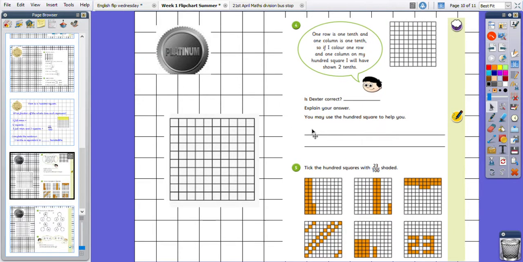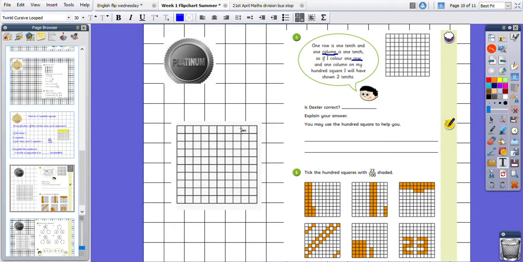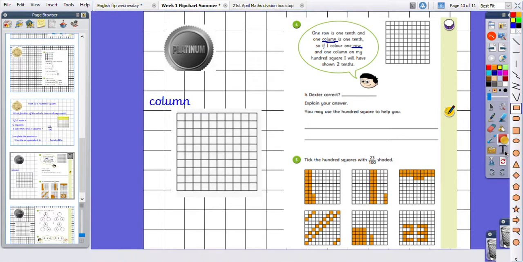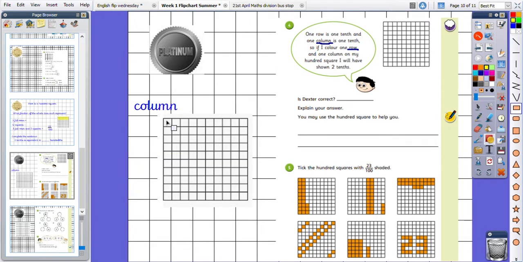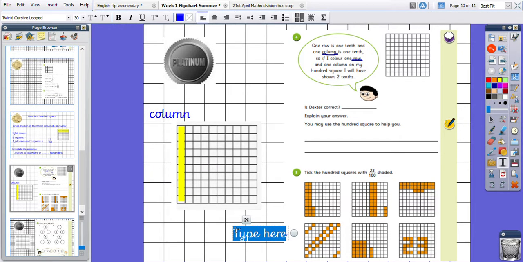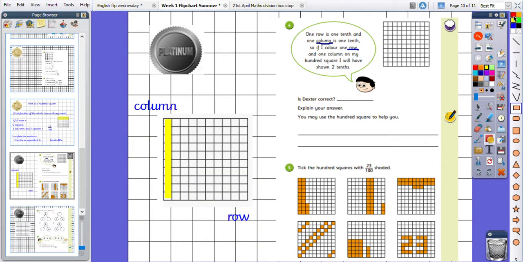Finally, for platinum, you are looking at questions 4, 5, 6 and 7. Question 4 is a little bit tricky, and I just want to check your understanding of these words. We have the word column and we have the word row. A column travels down a shape, and a row travels along a shape.